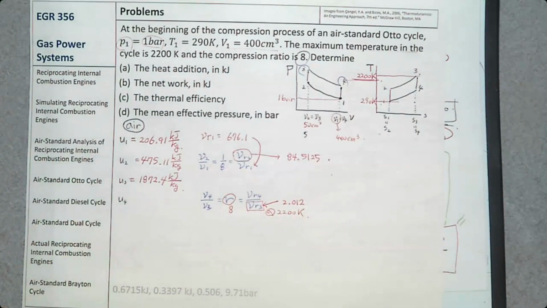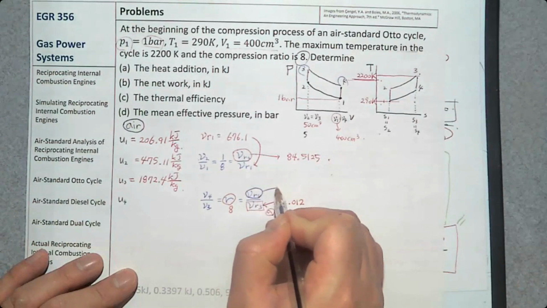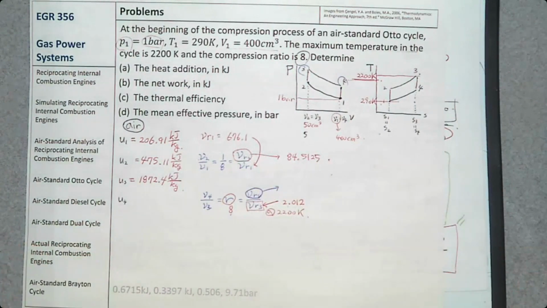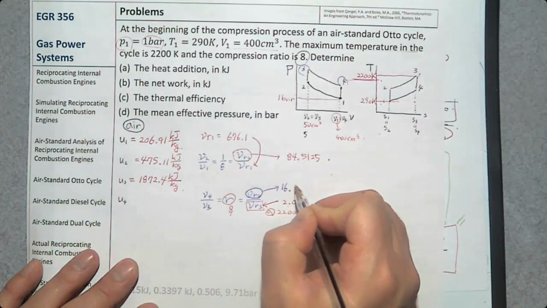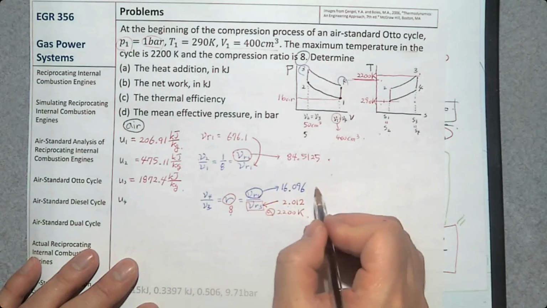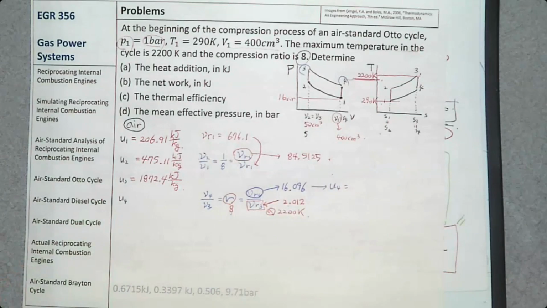Then we have everything. Can you determine VR4? Now, yes. So from this, we can determine VR4. So basically 8 times 2.012. So the answer is 16.096. If you know VR4, can you determine U4? Yes, from the same table.